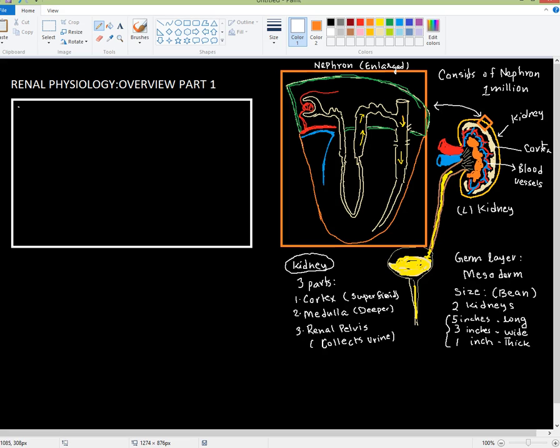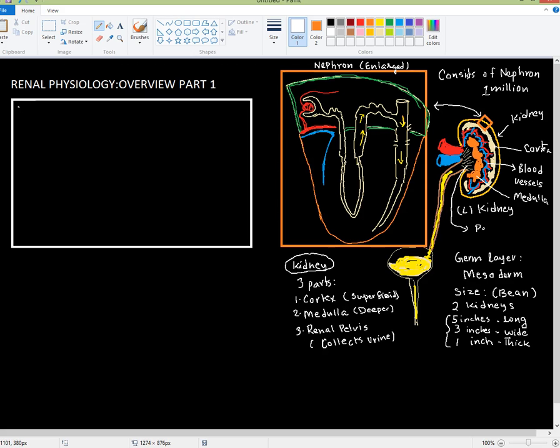And this orangish area is the medulla. The renal pelvis is the straight striped lines.